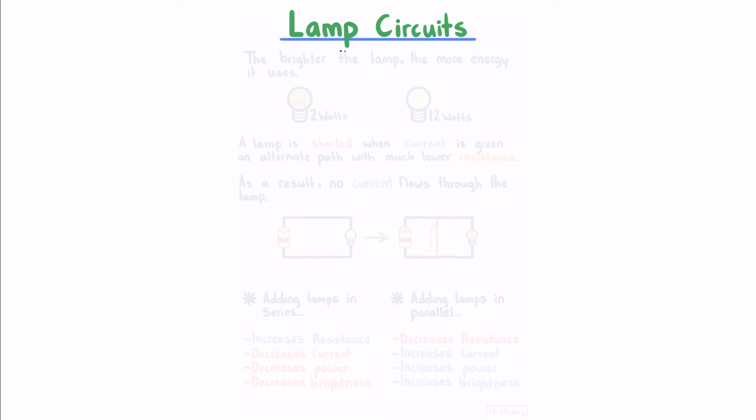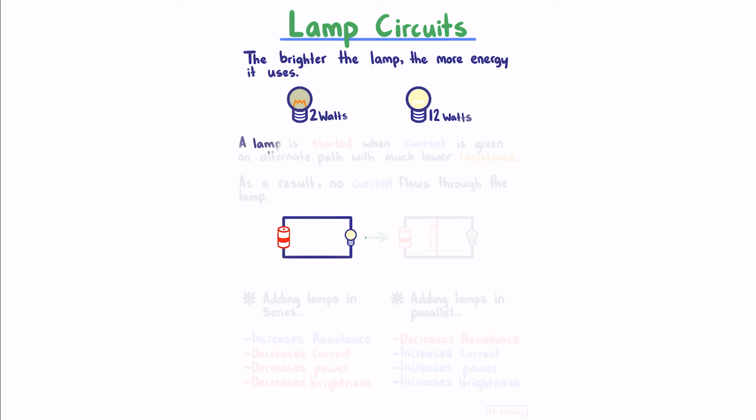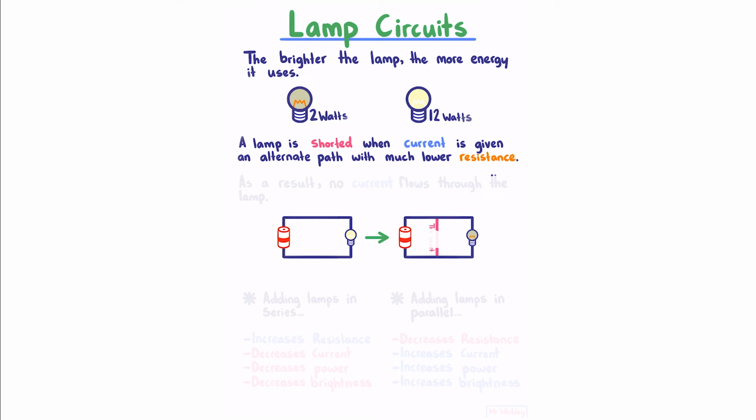Lamp circuits. The brighter the lamp, the more energy it uses. That is to say that a 2-watt lamp is going to be dimmer than a 12-watt lamp. A lamp is shorted when current is given an alternate path with much lower resistance. And so if we took our same circuit and introduced what we call a short, which is a path with a much lower resistance, as a result, no current flows through the lamp.